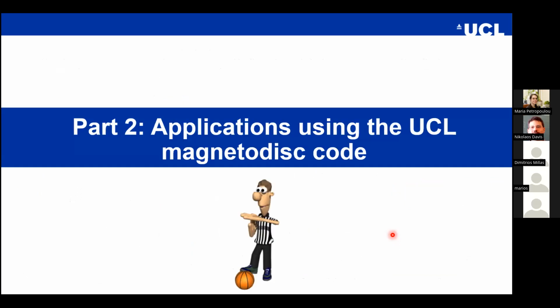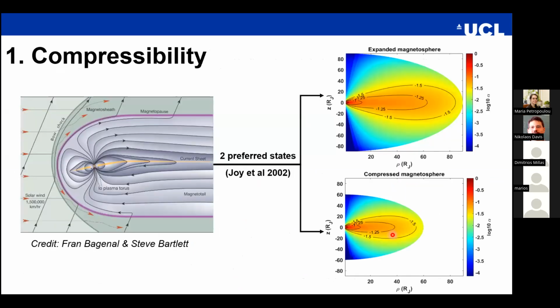Okay, so the second part is some applications that we worked on using this magnetodisc code. The first task was to determine the compressibility of the magnetosphere. Now, what is really interesting about Jupiter is that it can undergo really dramatic changes in the size of the magnetosphere.